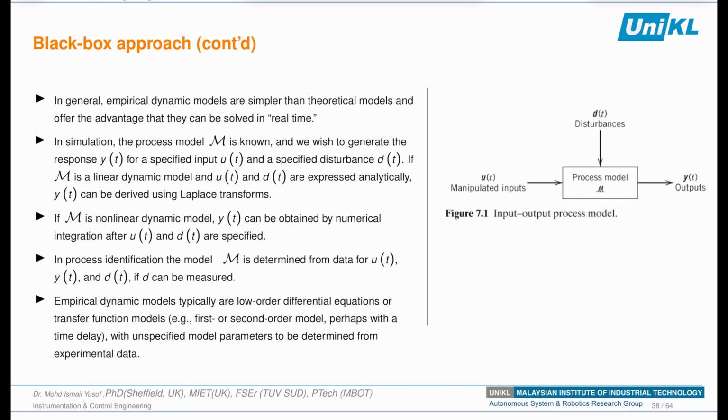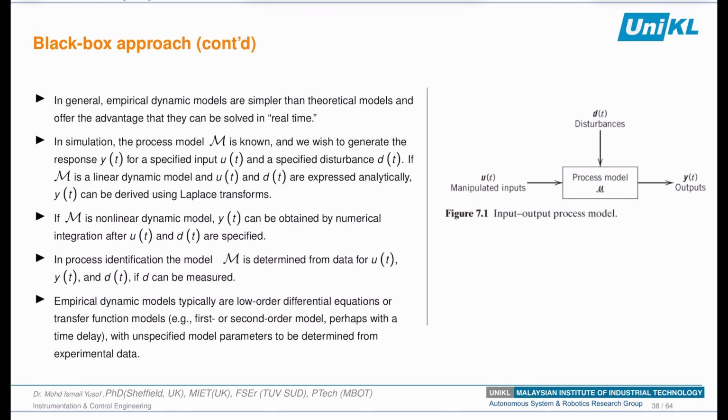But if M is a nonlinear dynamic model, y(t) can be obtained by numerical integration after u(t) and d(t) are specified. In process identification, or system identification, the model M is determined from data u(t), y(t), and d(t) if d can be measured. Only if d can be measured.